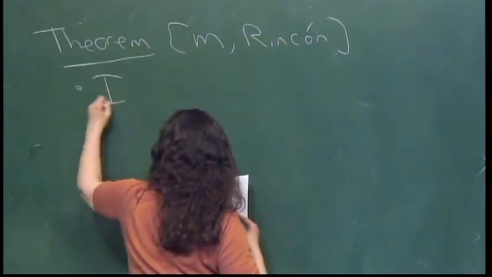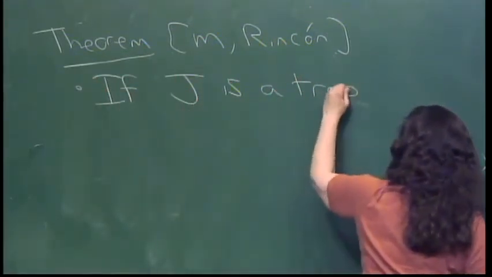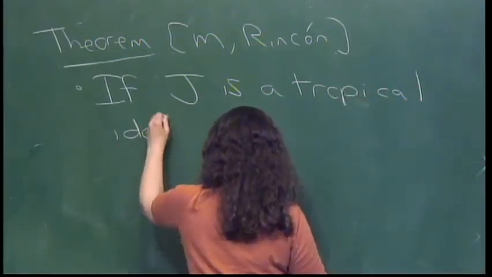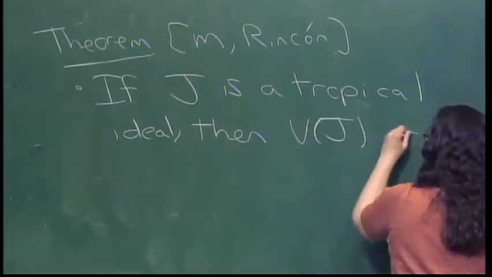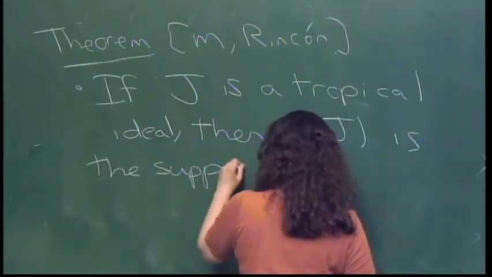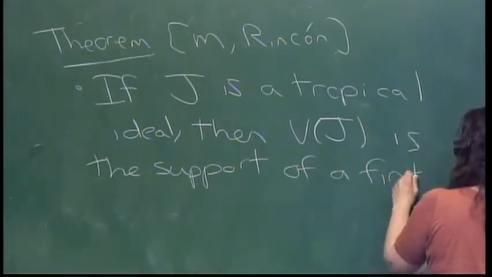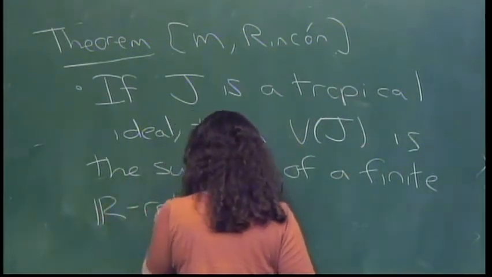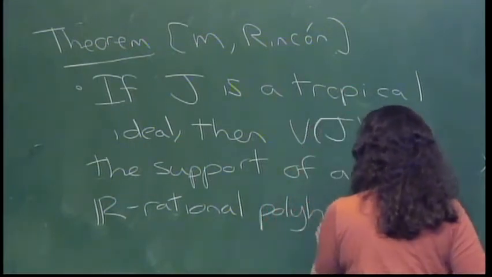If J is a tropical ideal, then the variety of J is the support of a finite R-rational polyhedral complex.